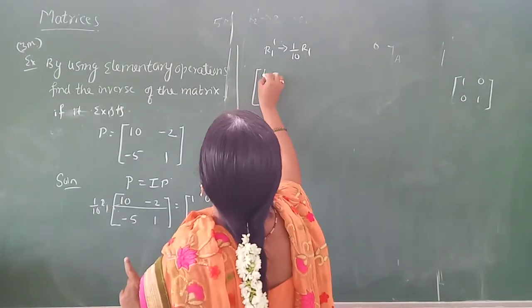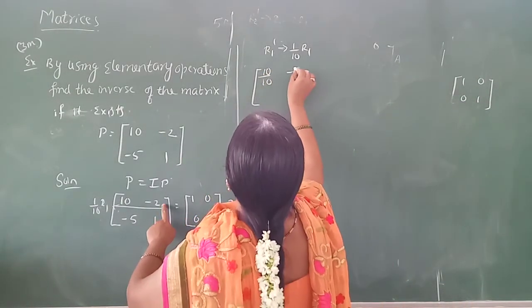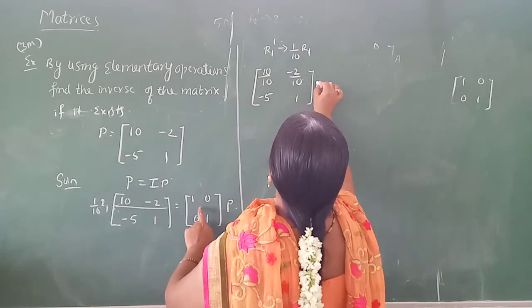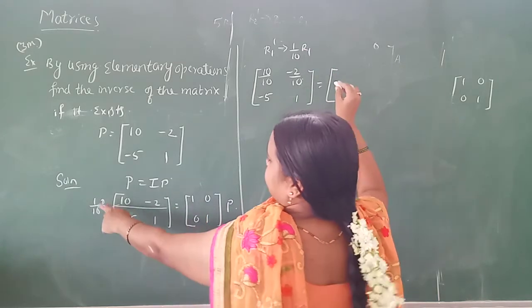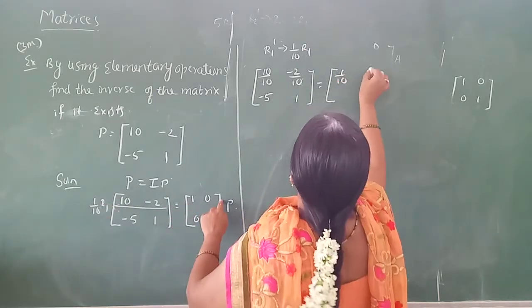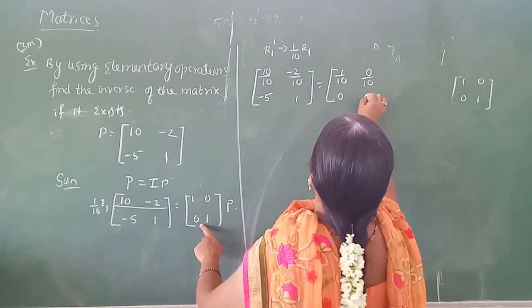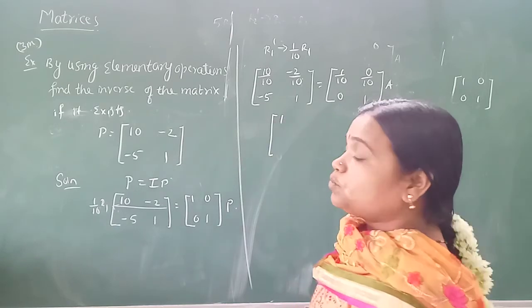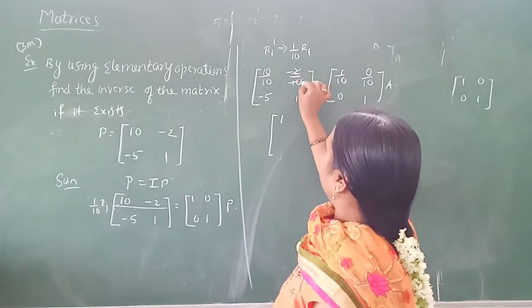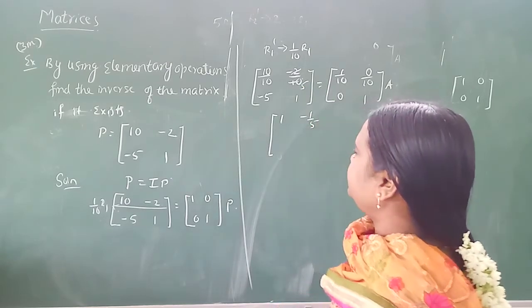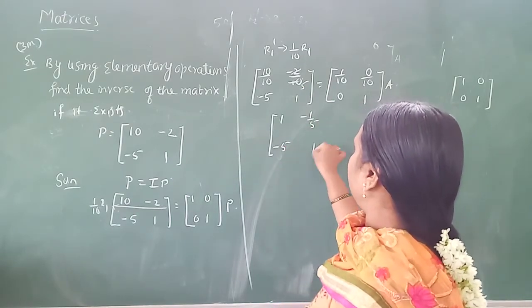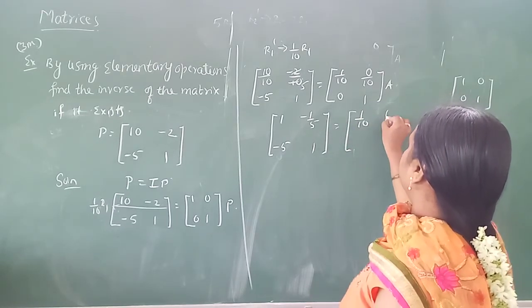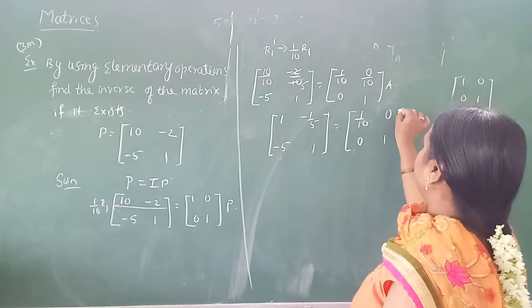We get 10 by 10, minus 2 by 10, minus 5, 1. Multiply 1 by 10, 0 by 10, 0, 1 into 0. We get 10 by 10 is 1, minus 2 by 10 is minus 1 by 5, minus 5, 1. Correct. 1 by 10, 0, 0 by 10 is 0, 0, 1.